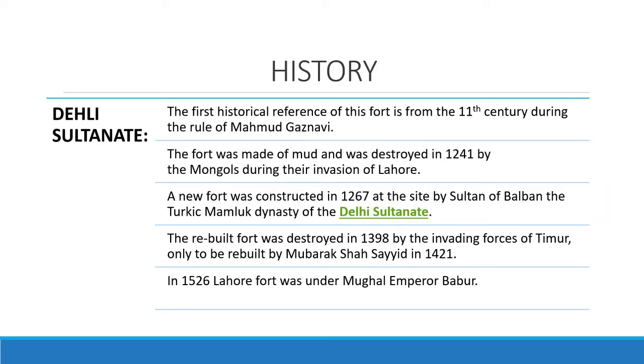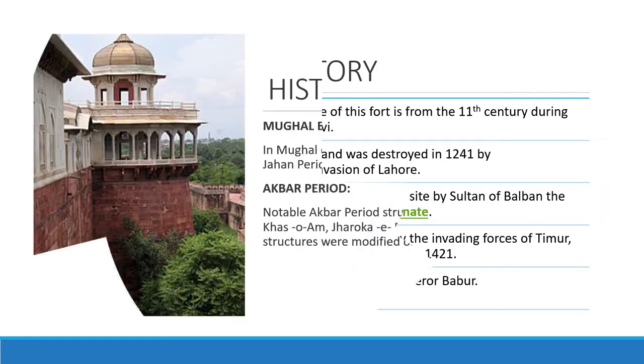A new fort was constructed in 1267 by Sultan Balban of the Delhi Sultanate, and the rebuilt fort was destroyed in 1398 by the invading forces of Timur, only to be rebuilt by Mubarak Shah Sayyid in 1421. In the 1430s, the fort was occupied by Sheikh Ali of Kabul and remained under the control of Pashtun sultans until Lahore was occupied by the Mughal Emperor Babur in 1526.